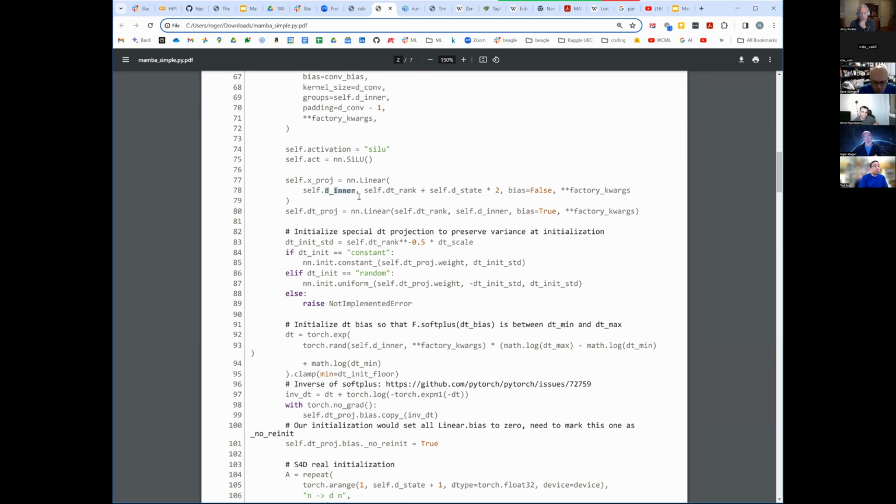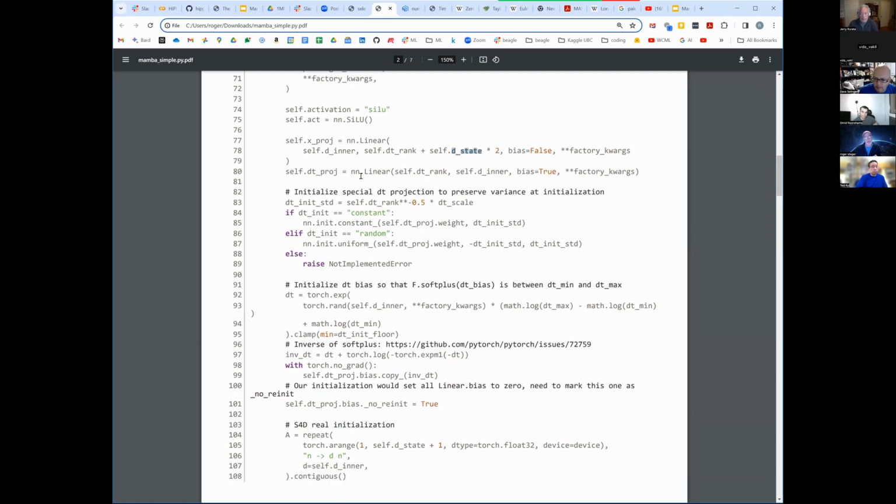So it takes whatever the inner dimension is and generates something that's got rank and 2 D state sized. So this is the dimension of the state size one. And then they project that rank back up to a D inner size. So they kind of compress it through this bottleneck of DT rank.